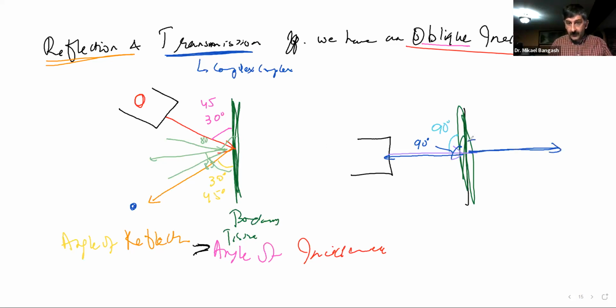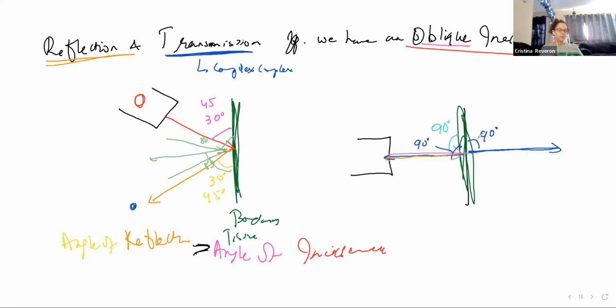So that would have formed a 90-degree angle with the tissue boundary, right? Did you guys get that? Clear? So that will still produce a 90-degree angle.